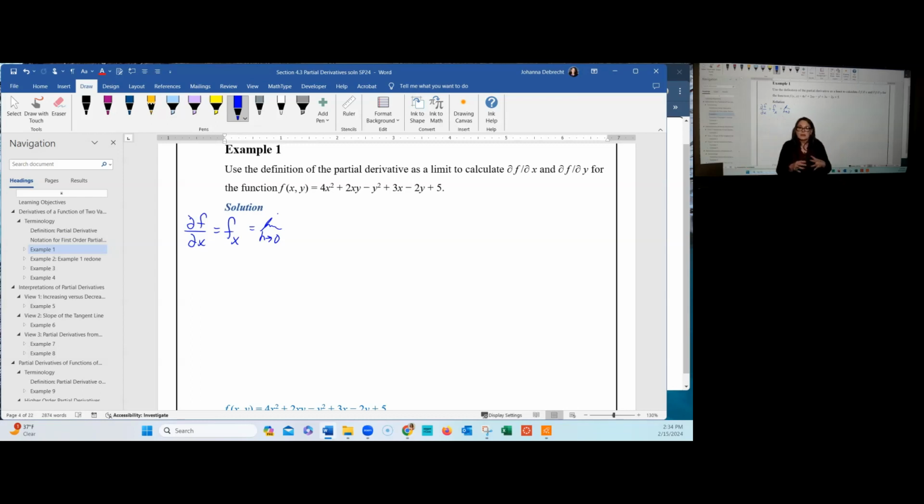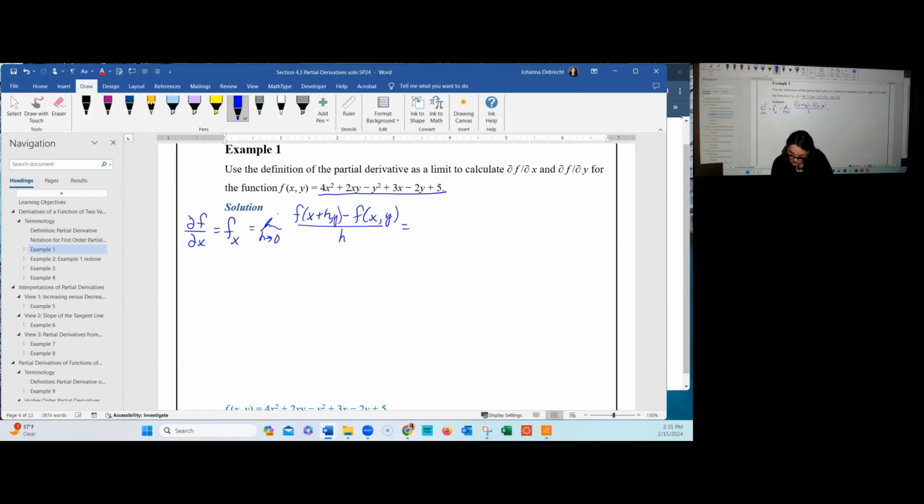What does that mean? Replace all x values with x plus h, but leave the y's as y. So the first term in the numerator is f of x plus h, and the second term is just f of x, which is already given for us here. And then it's all divided by, I forgot to put my y's in, comma y, all over h.